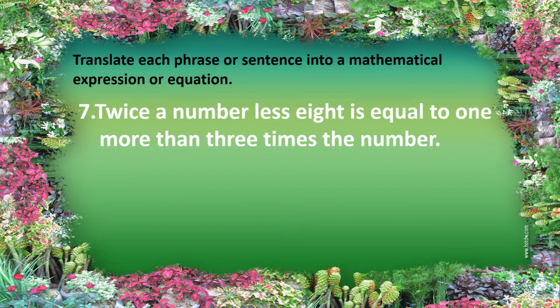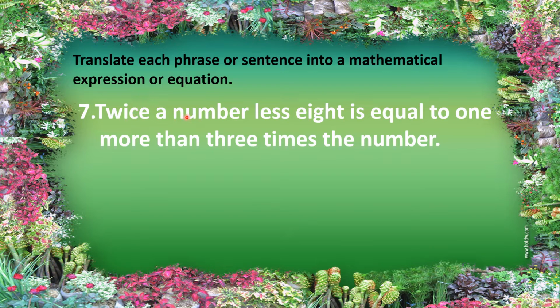Now, twice a number less 8 is equal to 1 more than 3 times the number. So, how will you write this into an algebraic expression? Read it once again. Twice a number. Twice means 2 times. So times means into, isn't it?